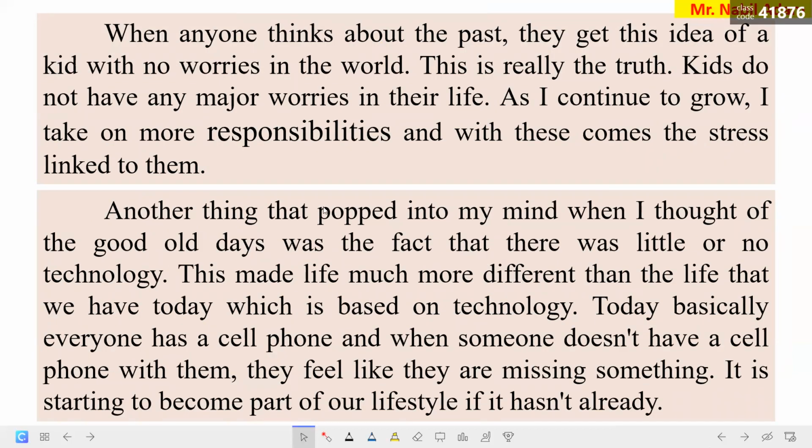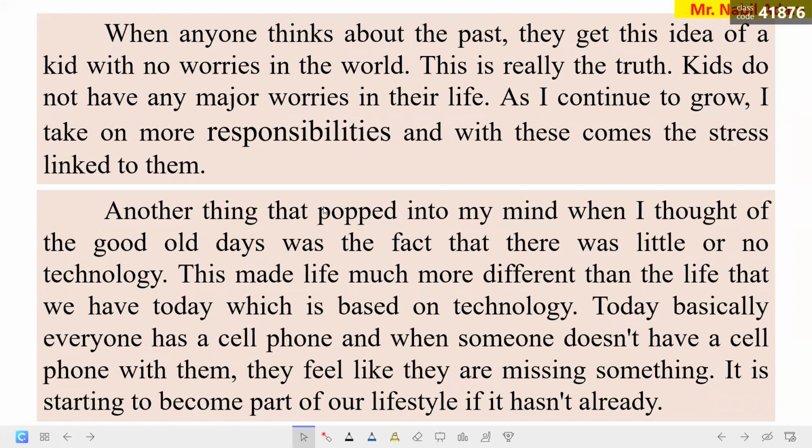When anyone thinks about the past, they get this idea of a kid with no worries in the world. This is really the truth. Kids do not have any major worries in their life. As I continue to grow, I take on more responsibilities, and with this comes the stress linked to them. Another thing that popped into my mind when I thought of the good old days was the fact that there was little or no technology.